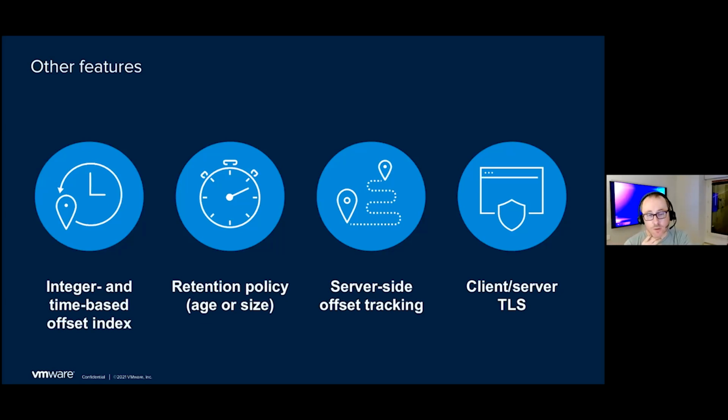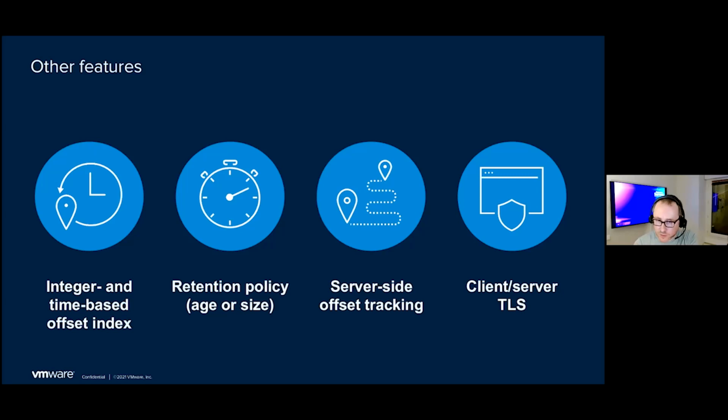So in theory, streams can grow indefinitely. So there are retention policies. When messages in a stream get too old, or when a stream gets too big, they will be truncated automatically. This is something that you can set up on the broker side, for example.